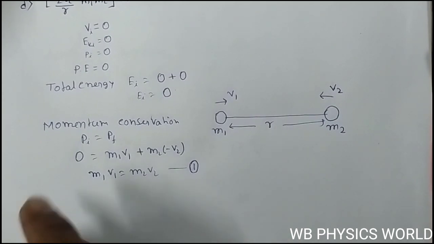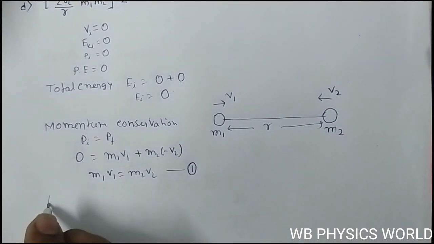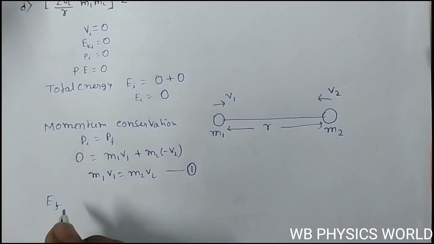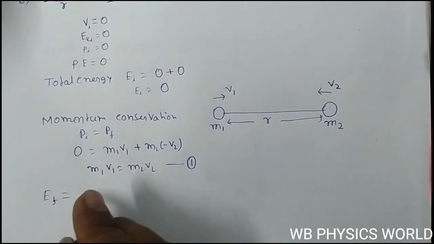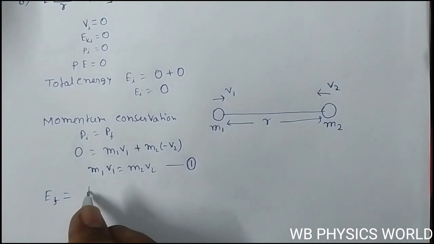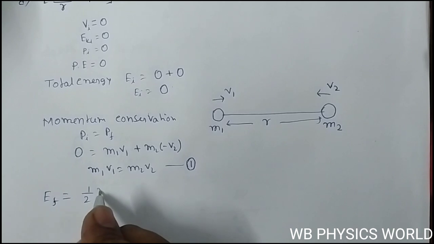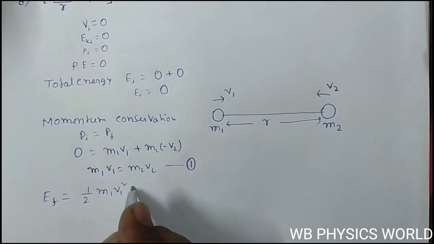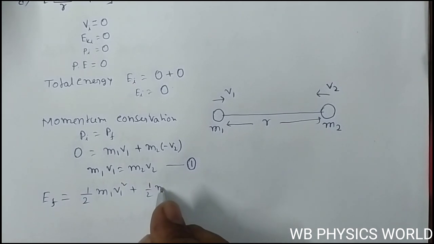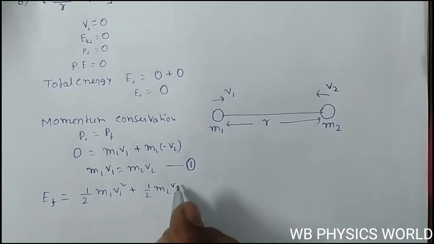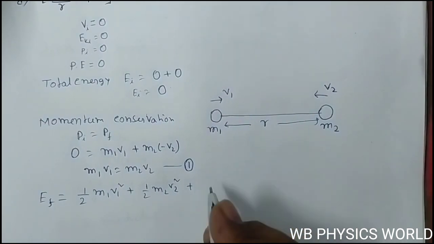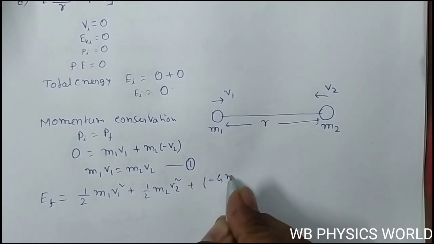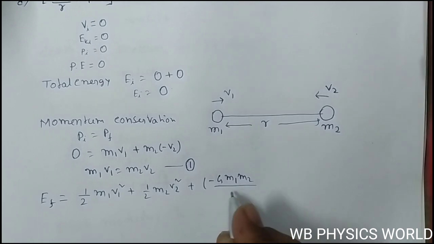Now the total energy of the particles when at distance r, that is the final energy, let's say. The kinetic energy of mass m1 is half m1 v1 square, and for m2 half m2 v2 square. So this is the total kinetic energy, and the potential energy is minus G m1 m2 by r, where r is the separation between them.